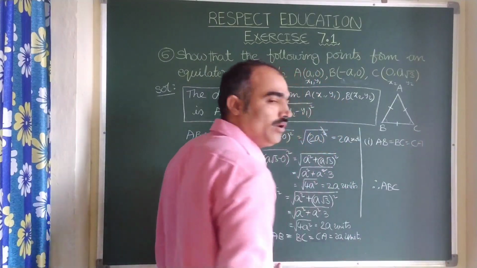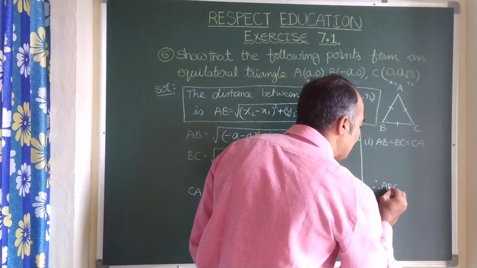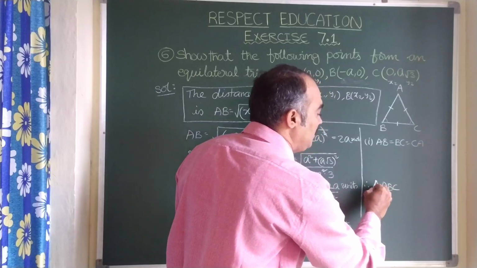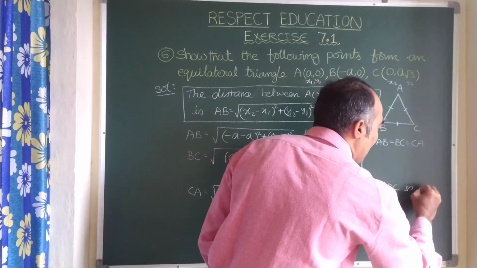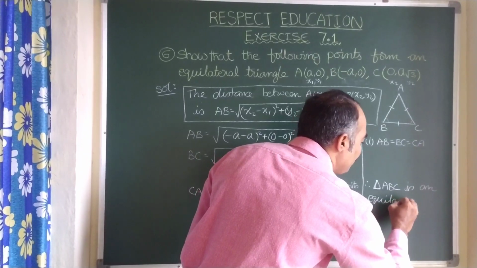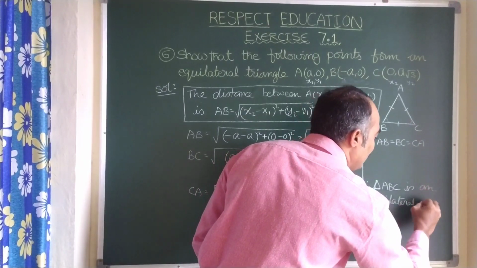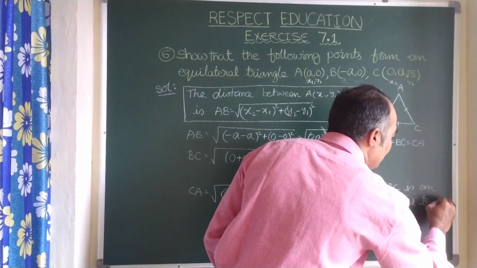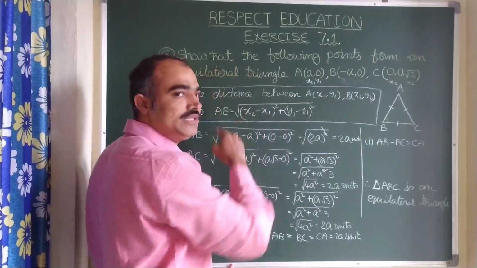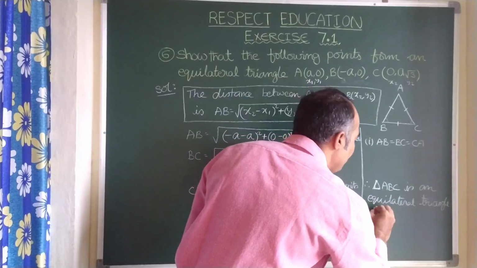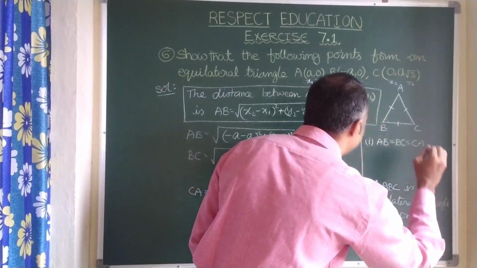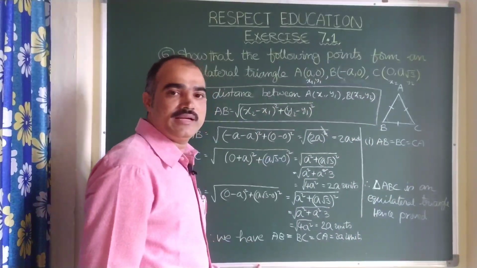Therefore the given points ABC, or we can write triangle ABC, is an equilateral triangle. See, in the question it is asked to show that. So here we can write, hence proved. With this, the 6th problem gets completed.